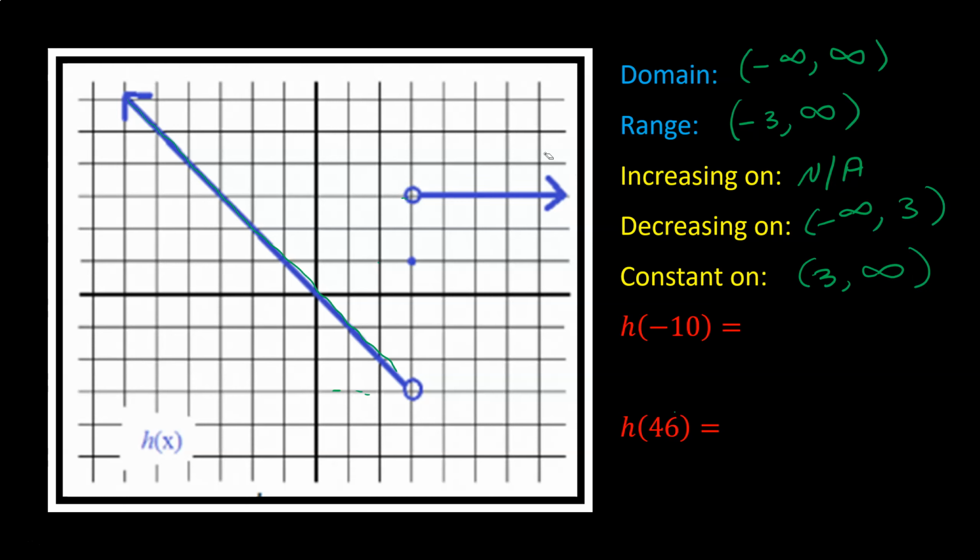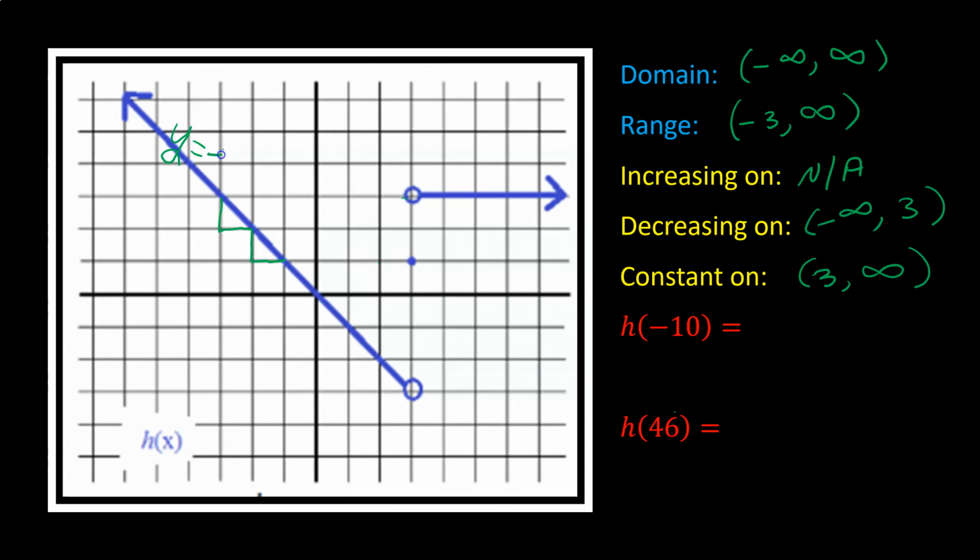All right, so this right here, h of -10. Well, where's -10? The function value when x is -10. 1, 2, 3, 4, 5, 6, 7. Oh, I'm out of room. So what are we going to do? Well, use algebra. What does that mean? Find the equation of this line. The equation of this line is y equals, the slope is down 1, right 1, down 1, right 1.